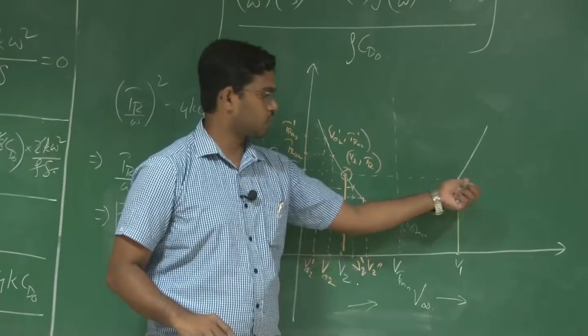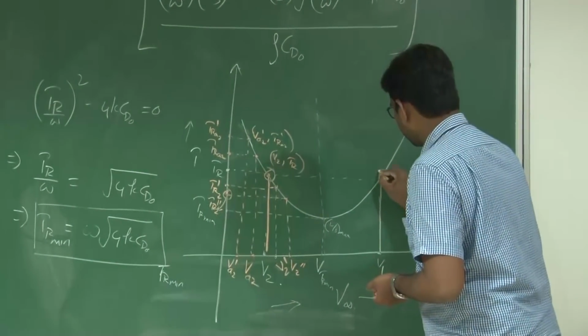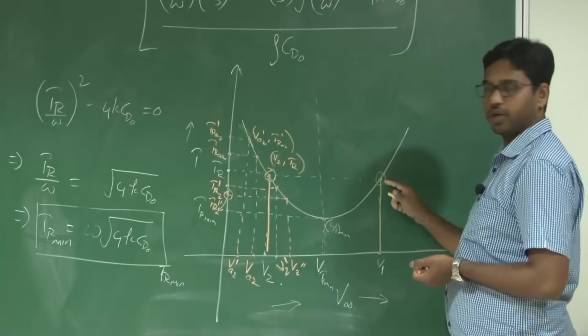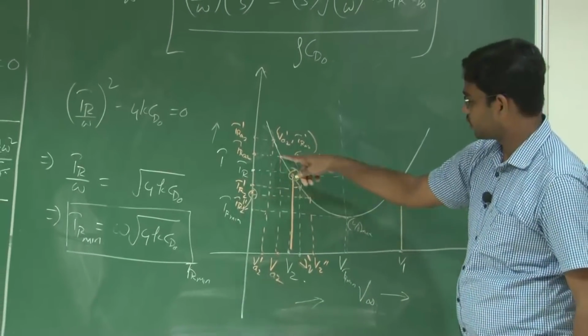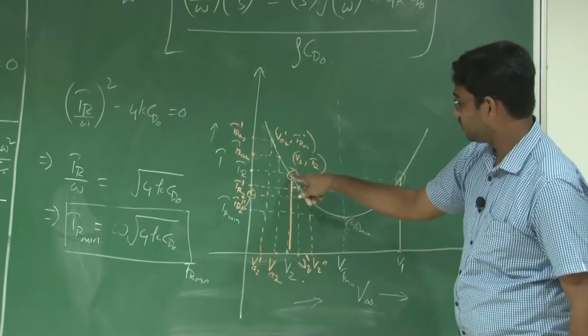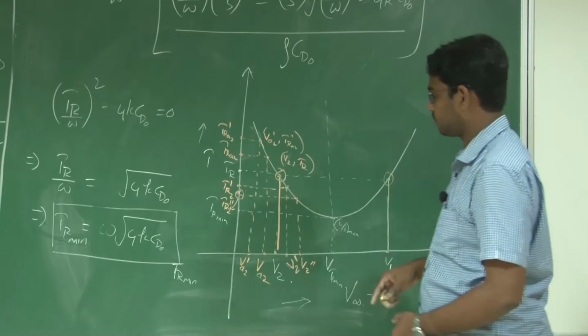Now let us look at the other solution here. Let this point be the other solution. Why? Because if you want to fly at this Tr, either you can choose this velocity V2, or you can choose V1, right?